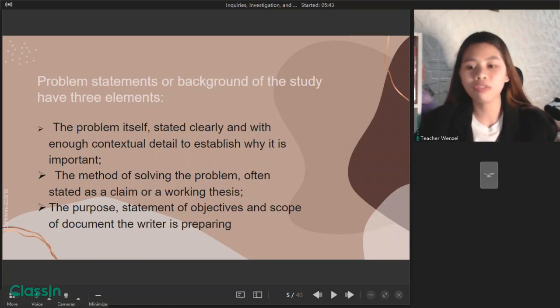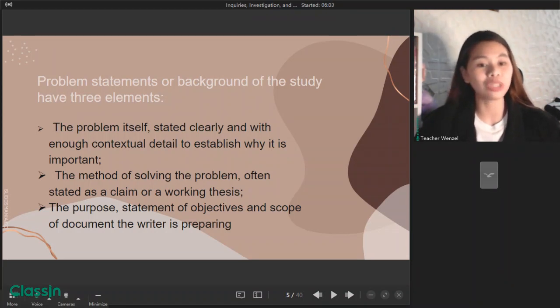The method of solving the problem, often stated as a claim or a working thesis. And then the purpose, statement of objectives and scope of document the writer is preparing. So, following these different elements in writing statements of the problem helps you create a good topic for your research.